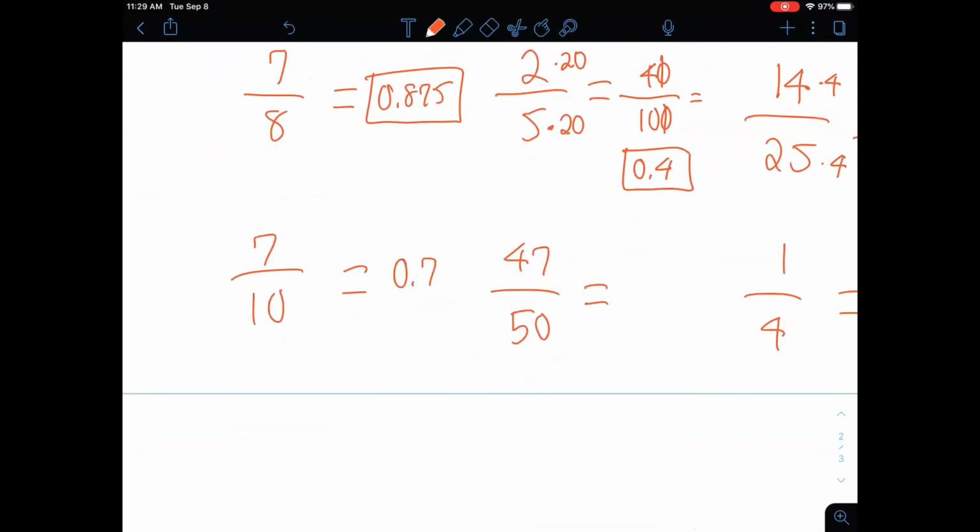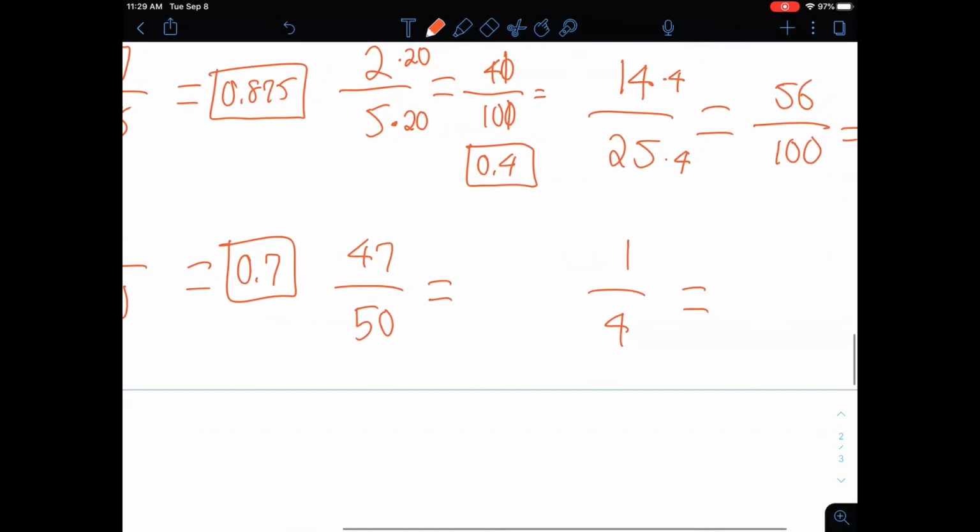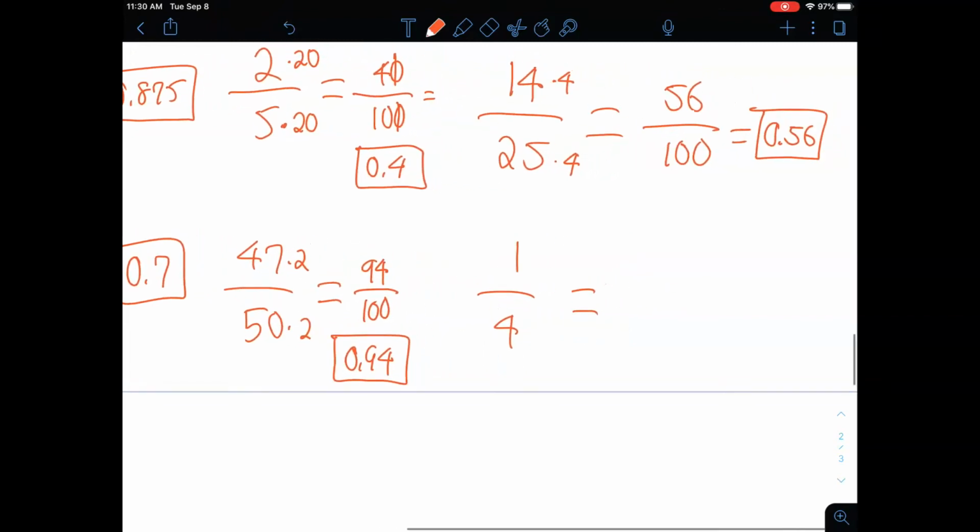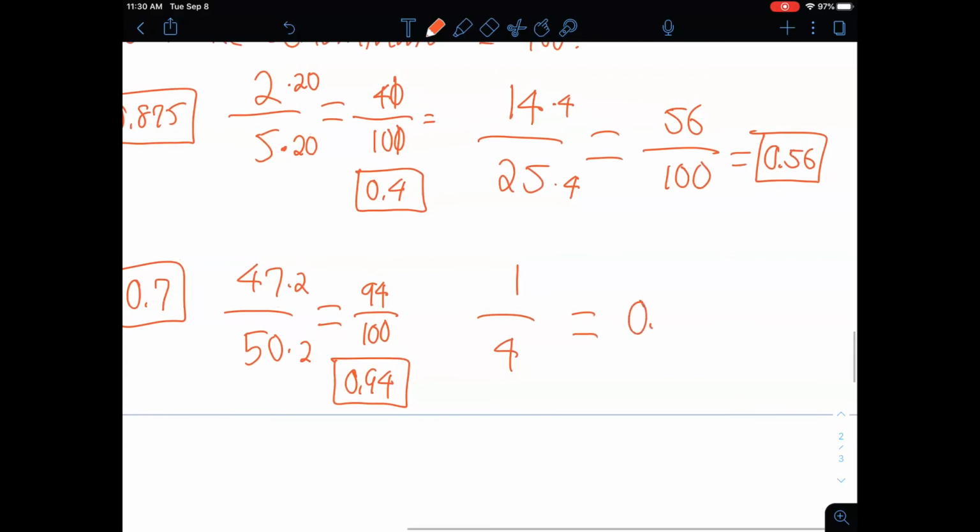Okay, 7/10, that's an easy one. 7/10 is 0.7. 47 out of 50 times 2, it's going to be 94 hundredths, which is also 0.94. 94, because the 100 spot's right here, right? 10 spots right here. So 94 hundredths is going to be 0.94. And then 1/4, you should know that as a decimal. That's going to be 0.25.